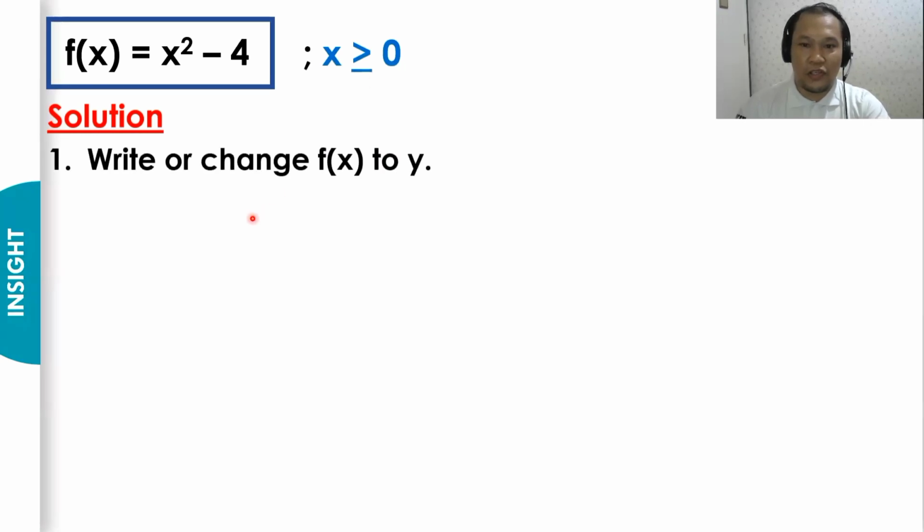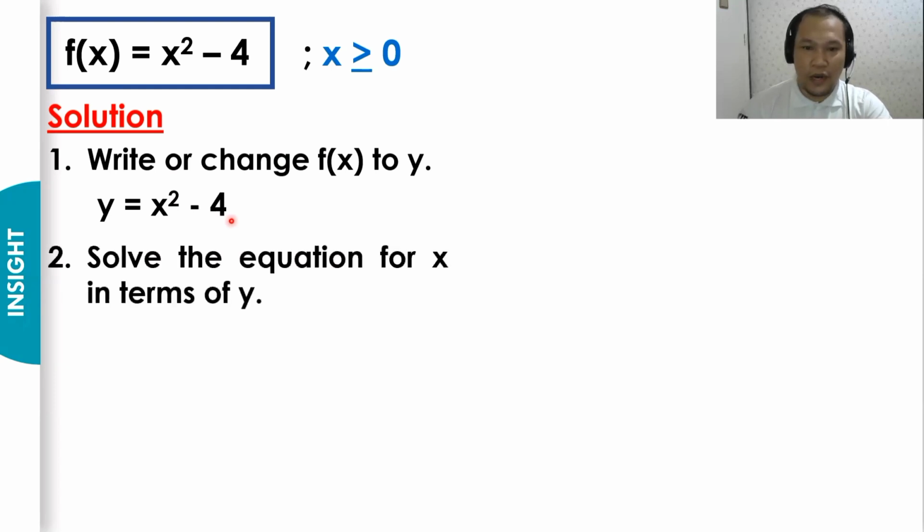We are going to change now f of x to y. Therefore, we do have y is equal to x squared minus 4. And then, after that, we are going to solve the equation for x in terms of y. Negative 4 here will be transposed on the left side of our equation, that is y plus 4 is equal to x squared.